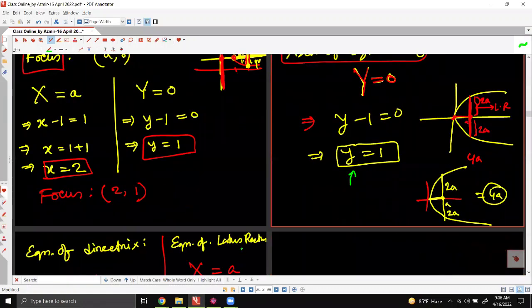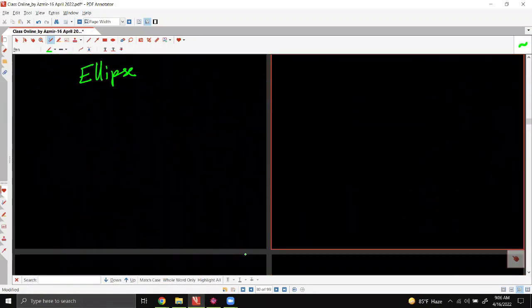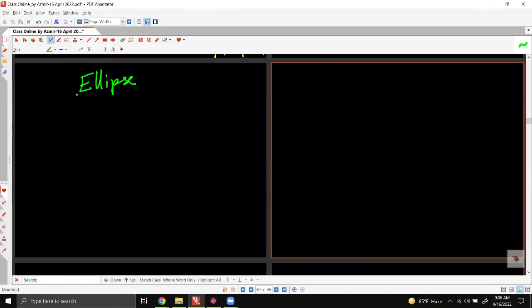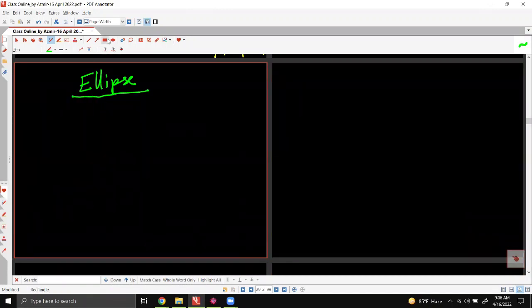Let us now have a look at ellipse similarly. So ellipse can be x squared over a squared plus y squared over b squared equals 1.